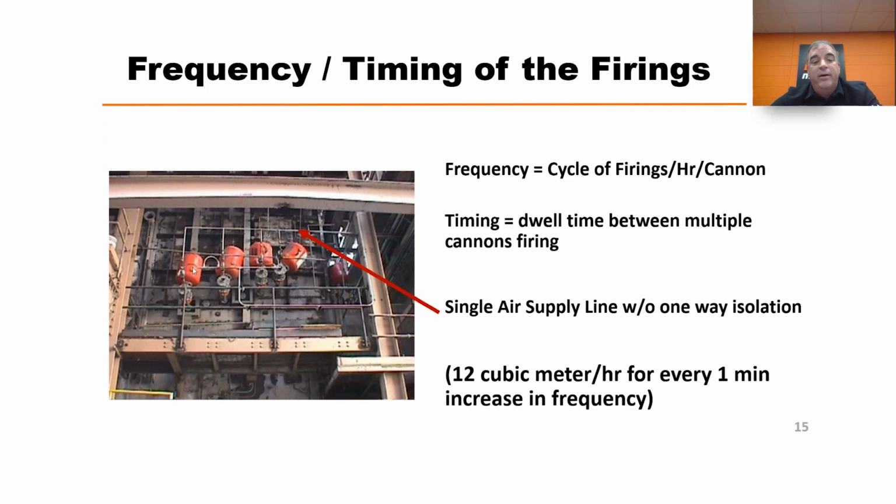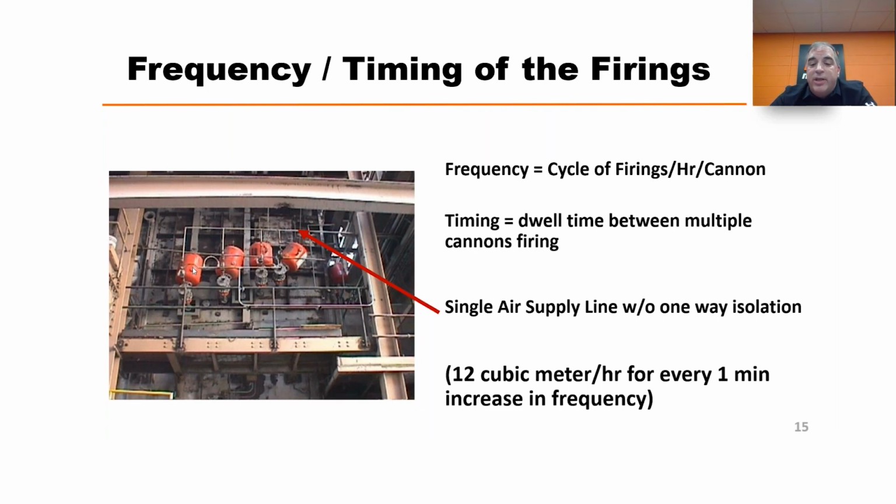So if you fire this one and it's at 6 bar, the next one, if you fire it very quickly, might end up only being at 5.5 bar, and so on. So giving a little bit of time in between, if all these cannons are on a 10-minute cycle, but leave a minute or so in between them, or isolate the line, so that you can allow the next cannon to get back up to pressure if it did drop while the airline's trying to fill the one that was released.